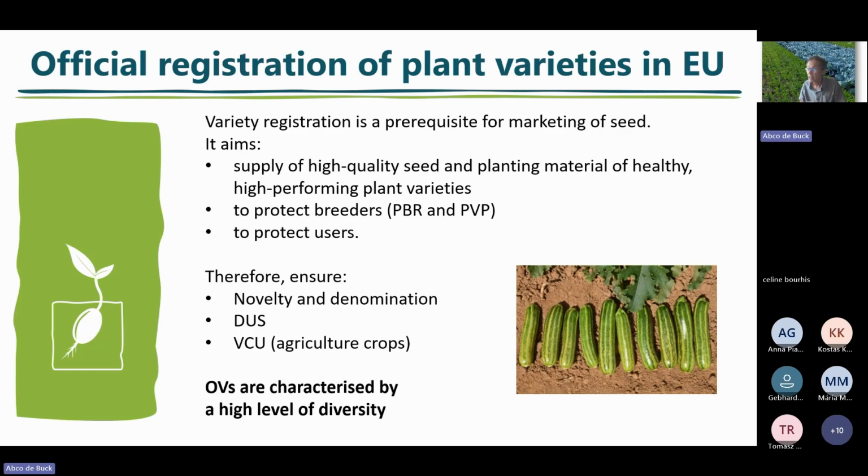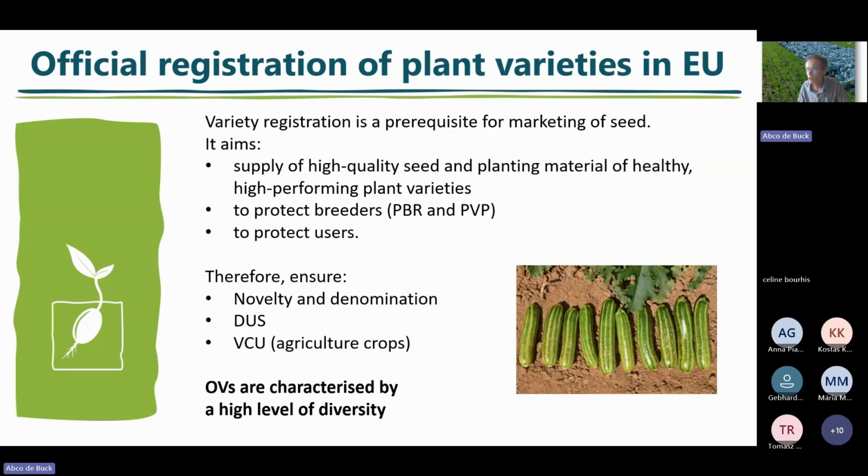It is important that the candidate variety is a novelty. It has never been marketed before, and the name should be according to the rules, and also it must be a new name so that it is recognizable as the variety that the farmer buys. The test for distinctness, uniformity, and stability is required, and also the value for cultivation and use for agricultural crops.